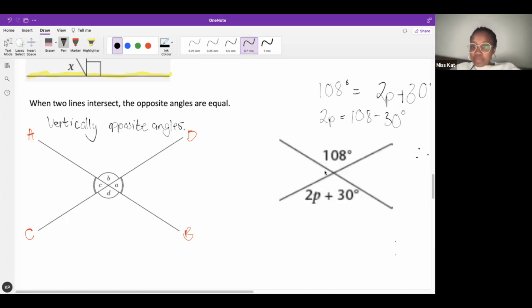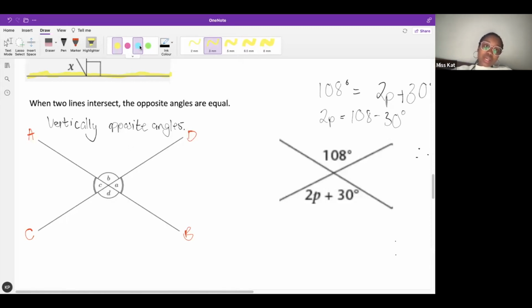Okay. Hey guys. So what's happening here is we have two straight lines that are intersecting. They're creating this X in the middle.